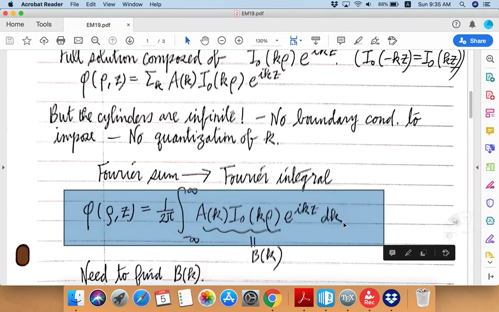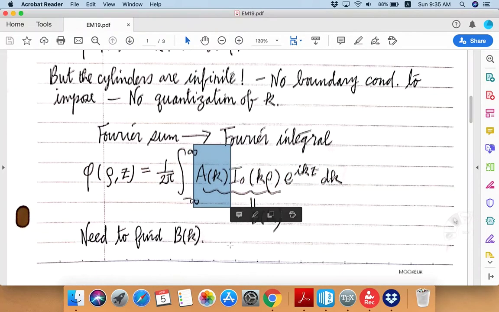So instead of a sum over k, we have an integral over k going from minus infinity to plus infinity. And still the task is to figure out what this coefficient function A of k is.